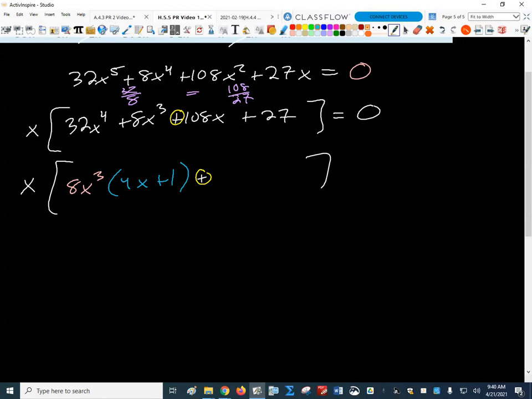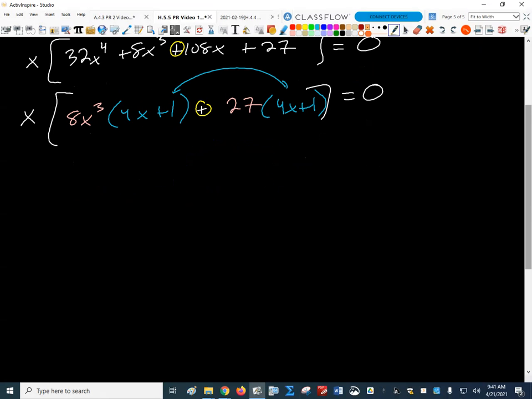So we have to have common binomial factors. So that's got to be a 4x plus 1, which means I've got to pull out a 27. There you go. Okay. So then what's this give me? X times... Okay, if I factor out the 4x minus 1, and then what's left behind if I factor out the 4x plus 1?